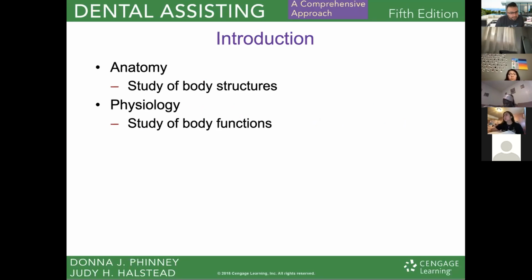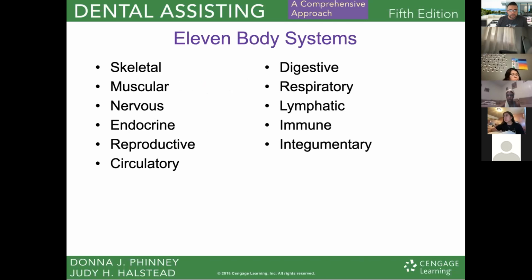So the body is divided into systems, planes, cavities, and basic units to give common references and terms for studying and communicating information about the body. Anatomy is the study of the structure of the body, and physiology is the study of the functions of the body. The human body is made up of many body systems consisting of specific organs that serve specific purposes.